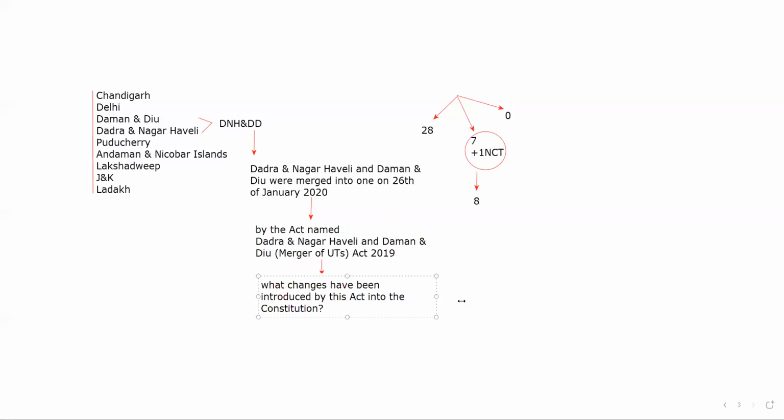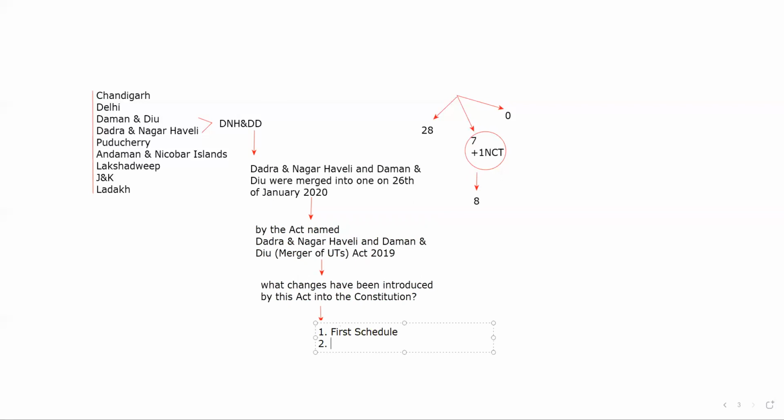What are those changes? The first important change is in the first schedule. The first schedule of the constitution has been changed.